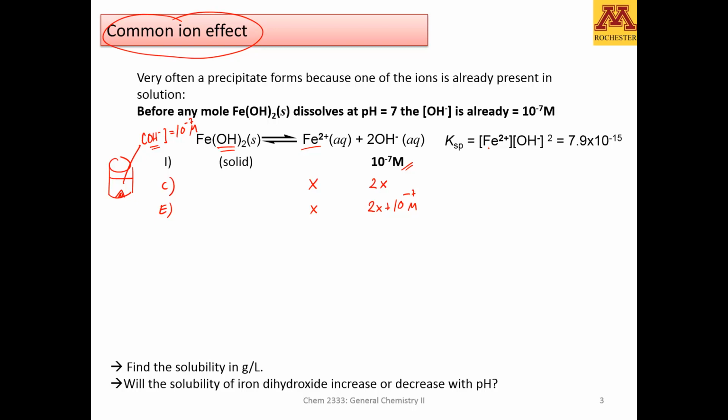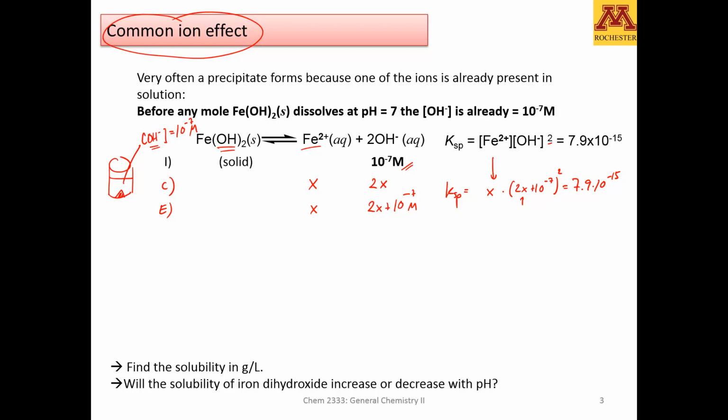Okay, so notice that now if we plug this in, my KSP: the concentration of iron is X, the concentration of hydroxide is 2X plus 10 to the negative 7, and we have to square this concentration, and this is equal to my KSP. What you have here is a cubic, right? This will be an X squared times X, it's an X to the third.